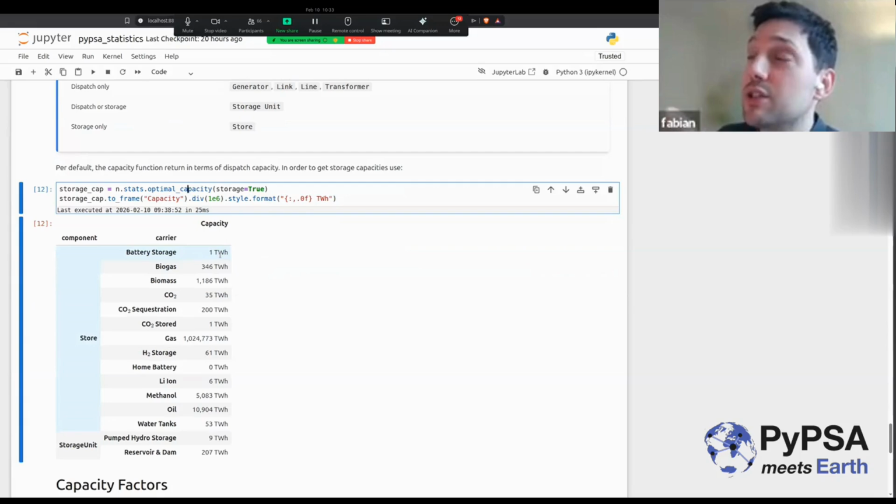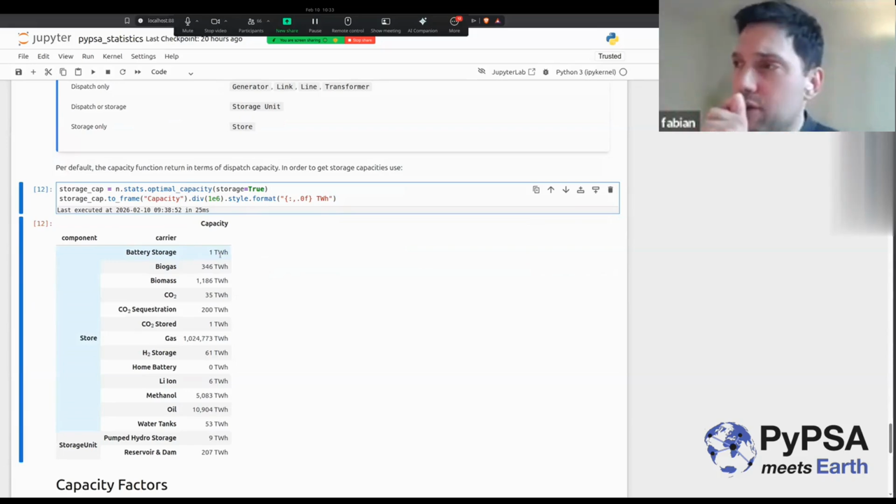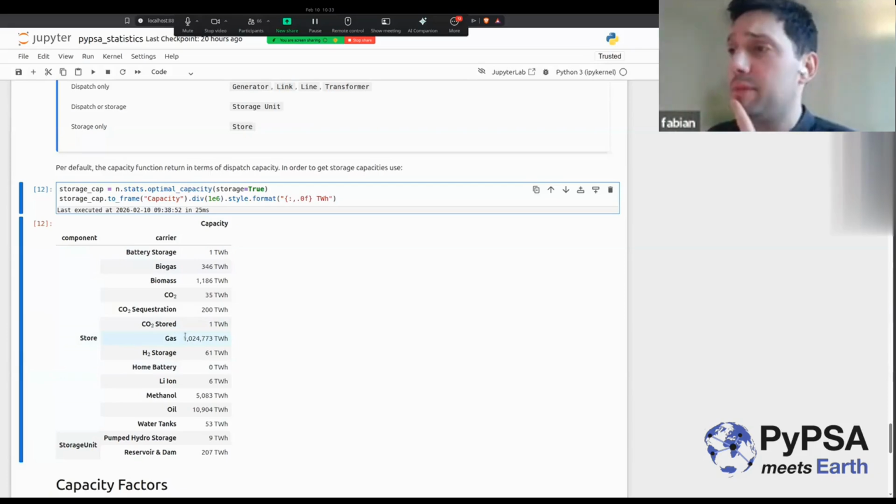The capacity is now referencing the storage capacity. For the storage units, you have this max hours argument, and now it's scaling the dispatch capacity with these max hours internally and returning this. For the stores, it's just using the e nom opt value and aggregating this. So it allows you to run all the aggregations that we talked about in terms of storage capacity.